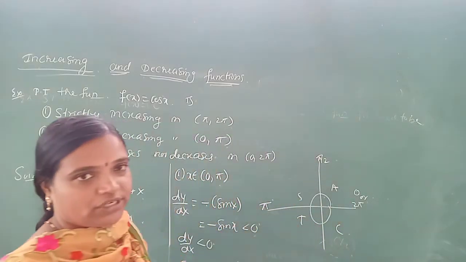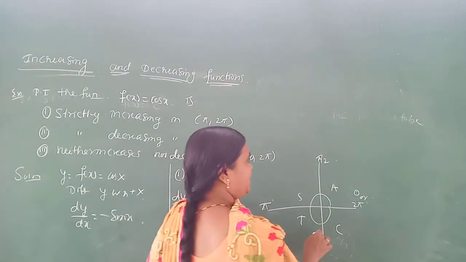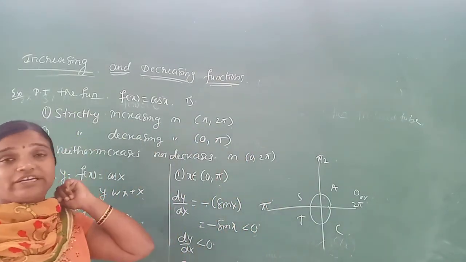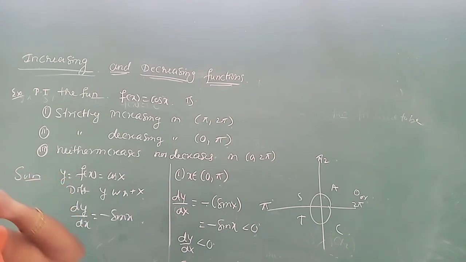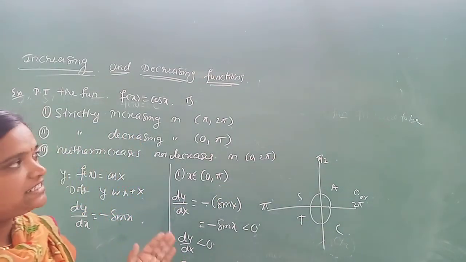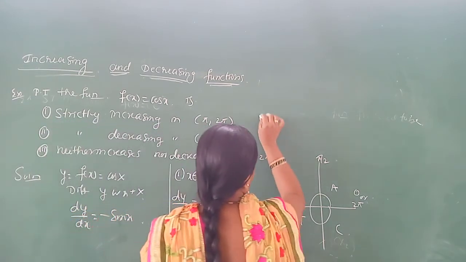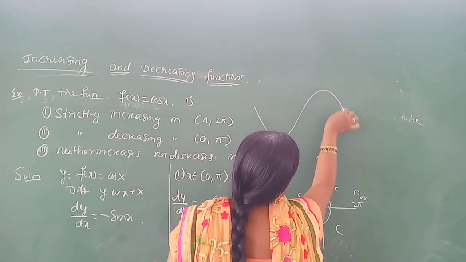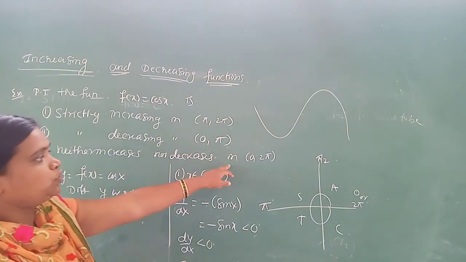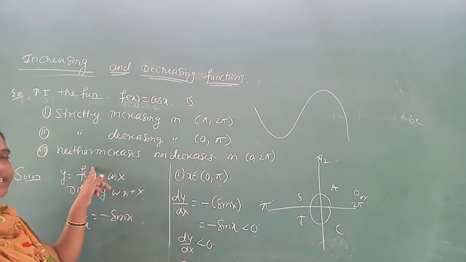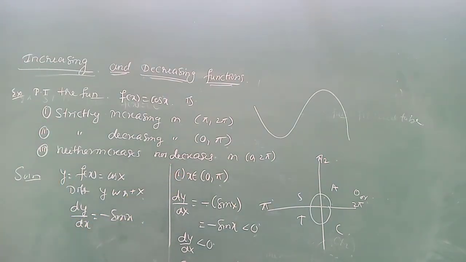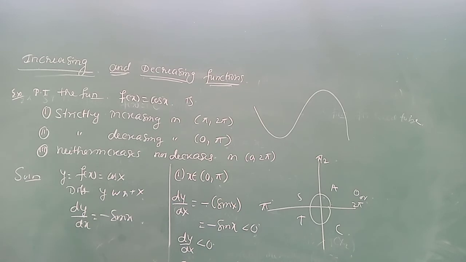Just now we proved strictly. Pi to 2 pi, it increases. Means the continuation does not exist here. For continuation, if it existed, we could say that for 0 to 2 pi it is in the form of decreases, increases in this form. Therefore, we say that in the interval 0 to 2 pi, it is neither increases nor decreases. Okay, in this way we can do the example.